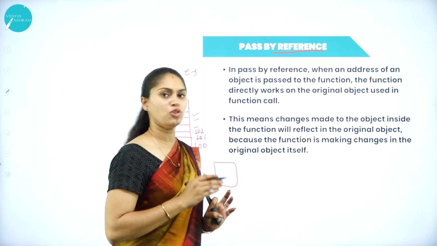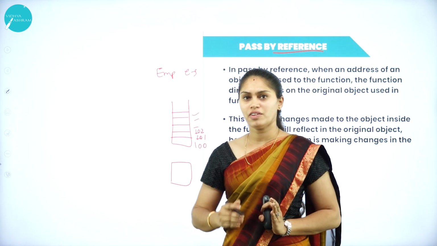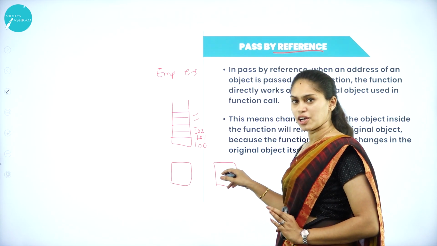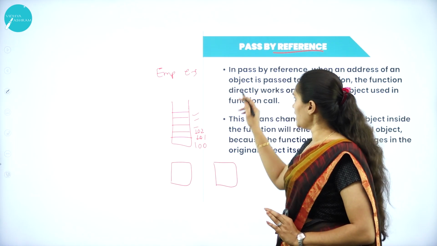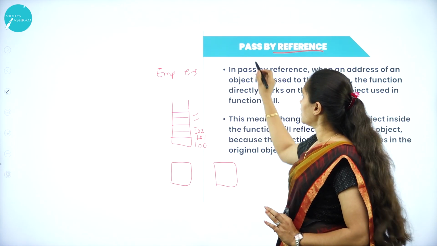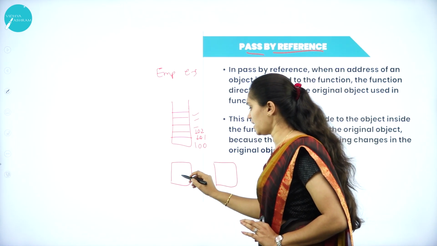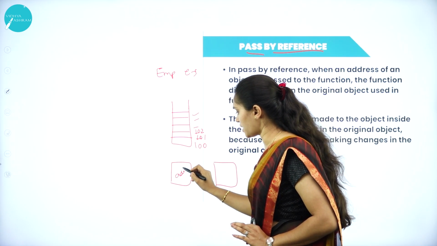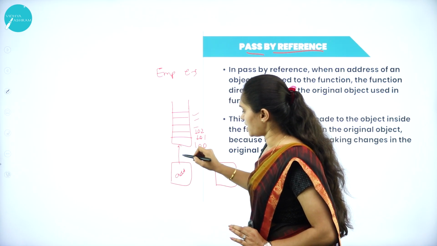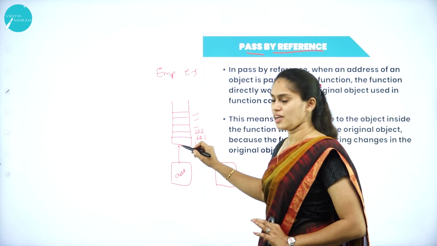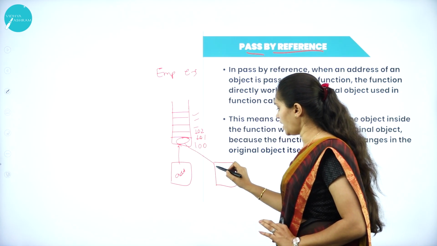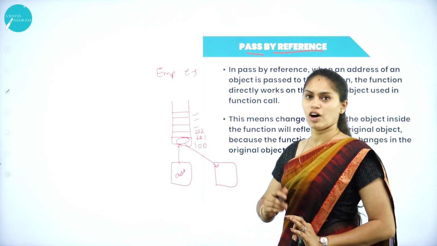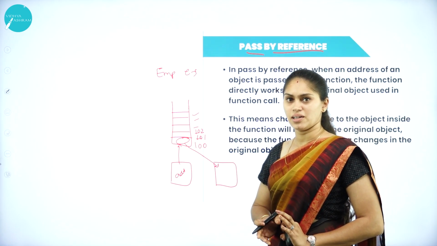In pass by value, I send the copy of an object as an argument or parameter to the function. But in pass by reference, I am sending the address of this object. That means wherever it is present in the memory block, I am sending the direct address of this object to the function as an argument or parameter.